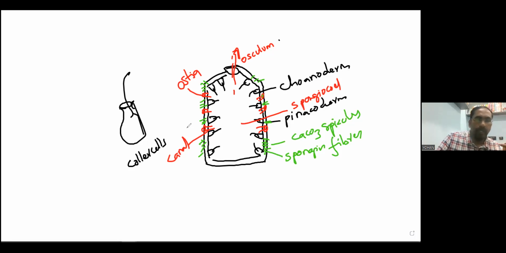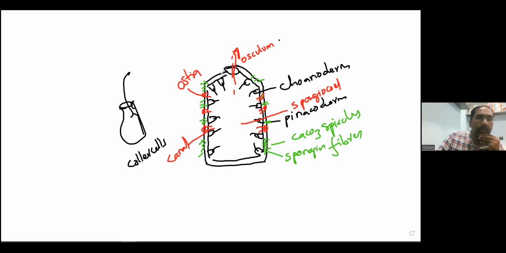First one, introduction, commonly called sponges. Number two, habitat, mostly marine, few freshwater. Habit, all are sessile. What is meant by sessile?